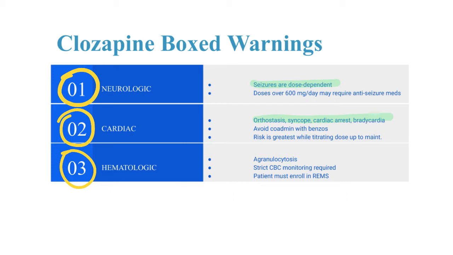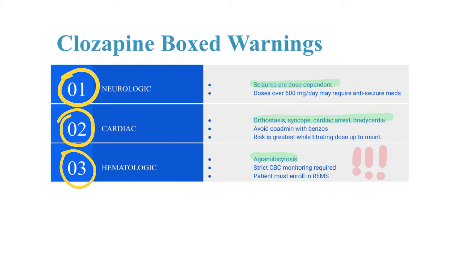The hematologic boxed warning is the most commonly thought of with clozapine because there are specific recommendations and requirements for monitoring the patient for this effect. The rare but serious side effect that clozapine can cause is agranulocytosis.